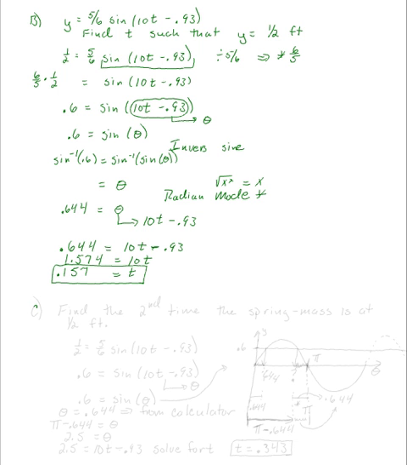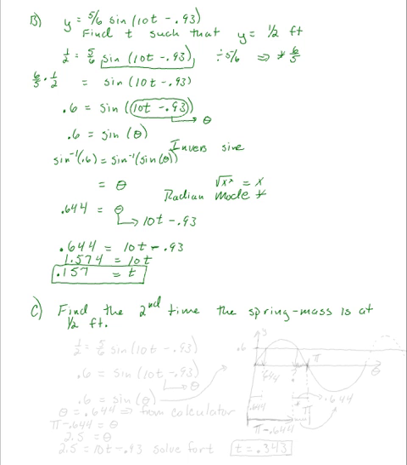Okay, let's look at one last part here. Suppose I wanted to find the second time at which the spring mass system was half a foot from equilibrium. Okay, so find the second time the spring mass is at half a foot.